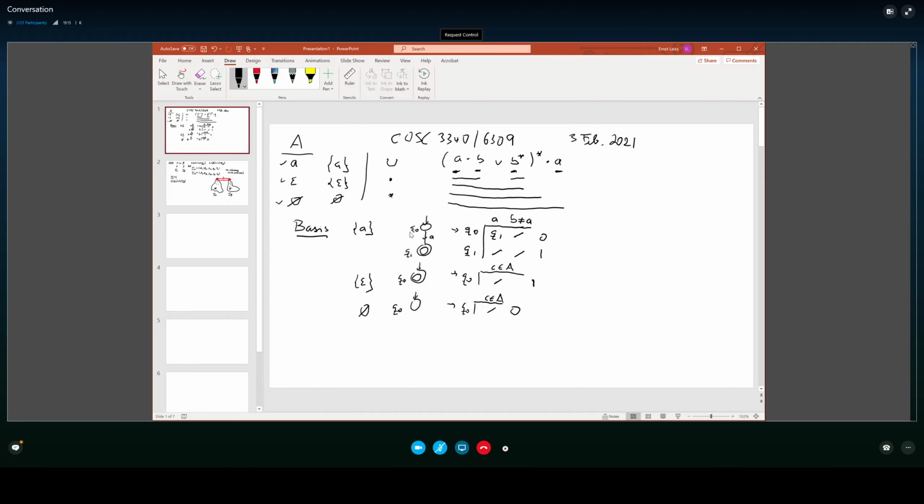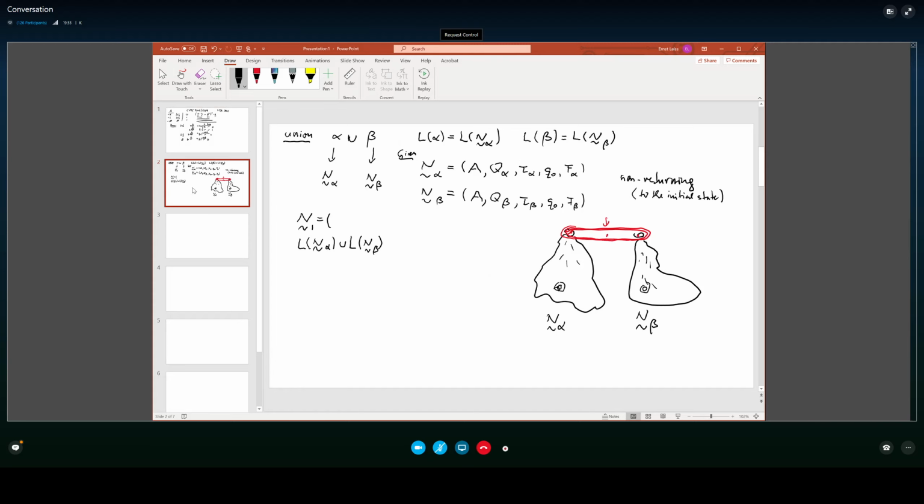So since all three basis automata are non-returning, there is no transition that goes back to the initial state. Once you've left the initial state, you can never go back with any of the basis automata.